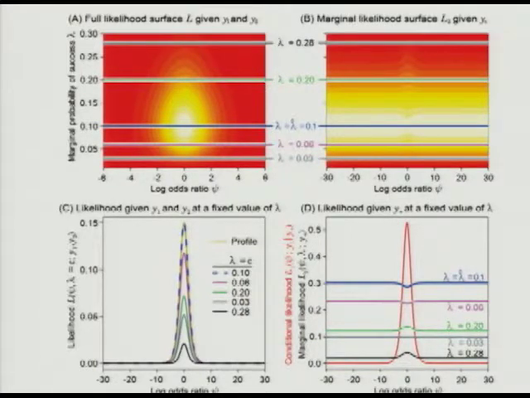This is the marginal likelihood, and you'll note that if you hold lambda constant, this likelihood is extremely flat, suggesting that there is really very little information here about psi.